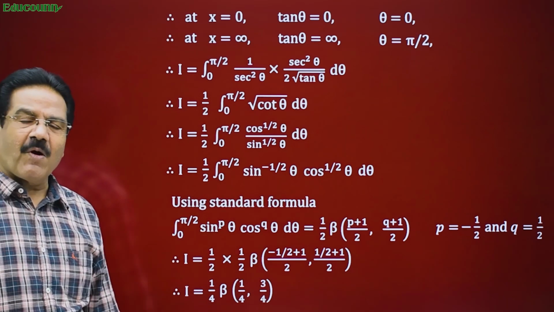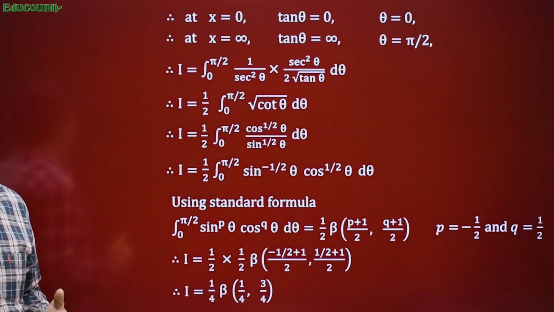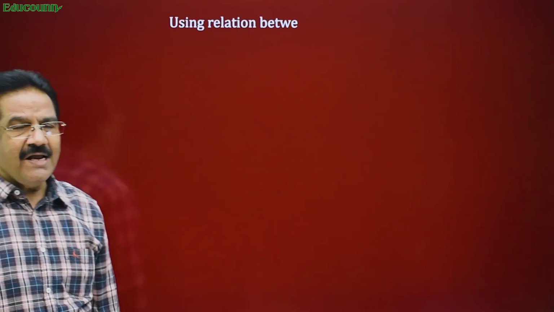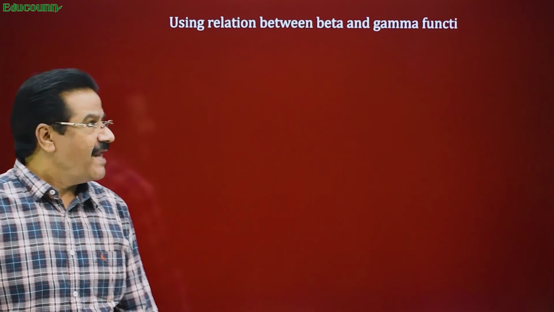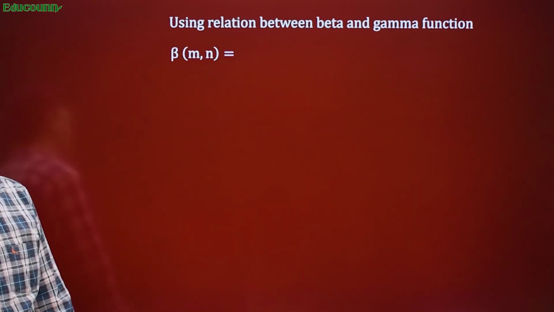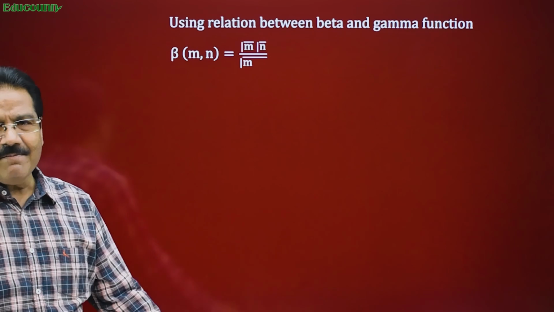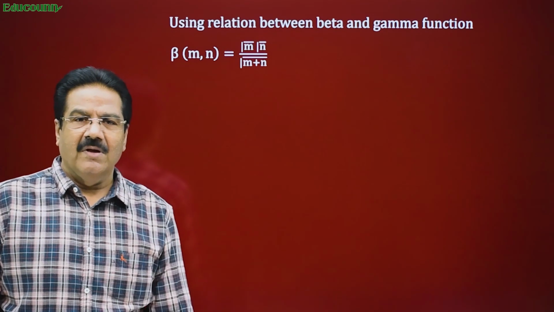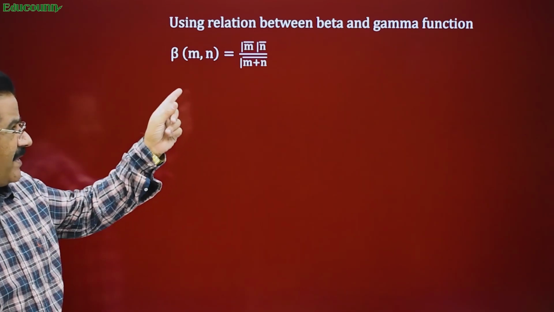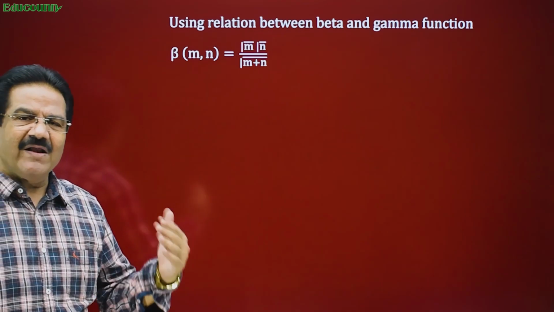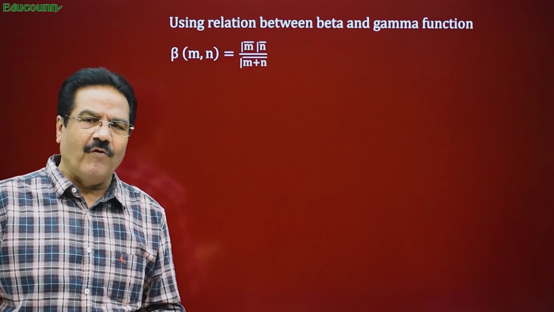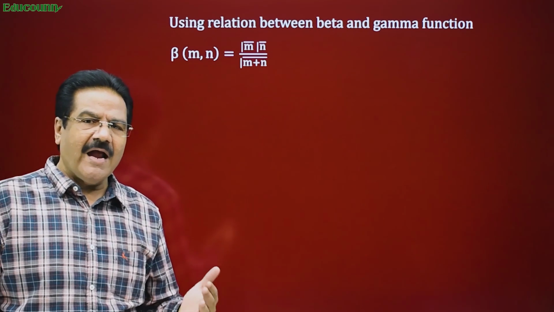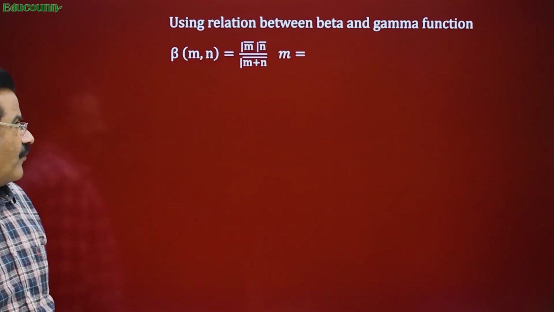Again, we have to use the property of converting beta function into gamma function. So using the relation between beta function and gamma function, beta m n is equal to gamma m into gamma n upon gamma of m plus n. So gamma m into gamma n means gamma 1 by 4 into gamma 3 by 4, because we found the value of m as 1 by 4 and n as 3 by 4.